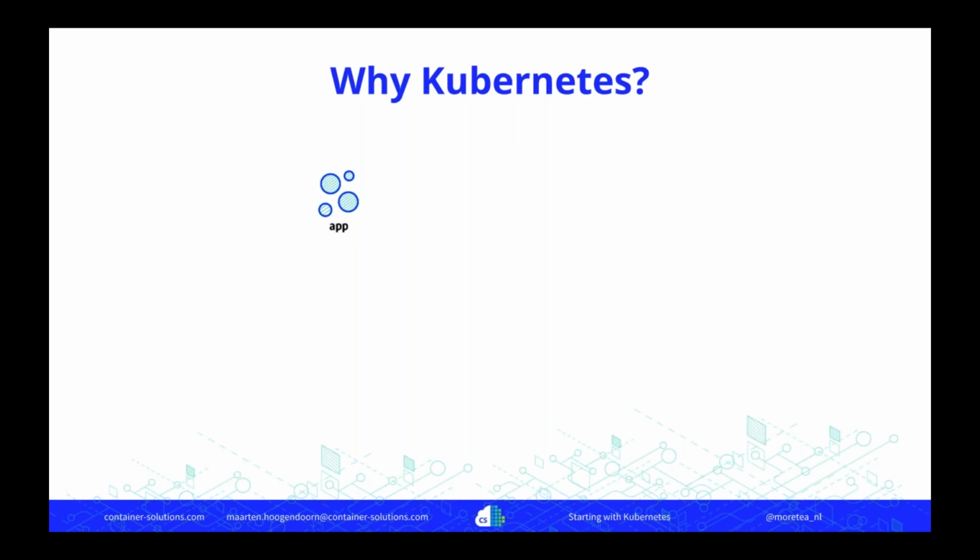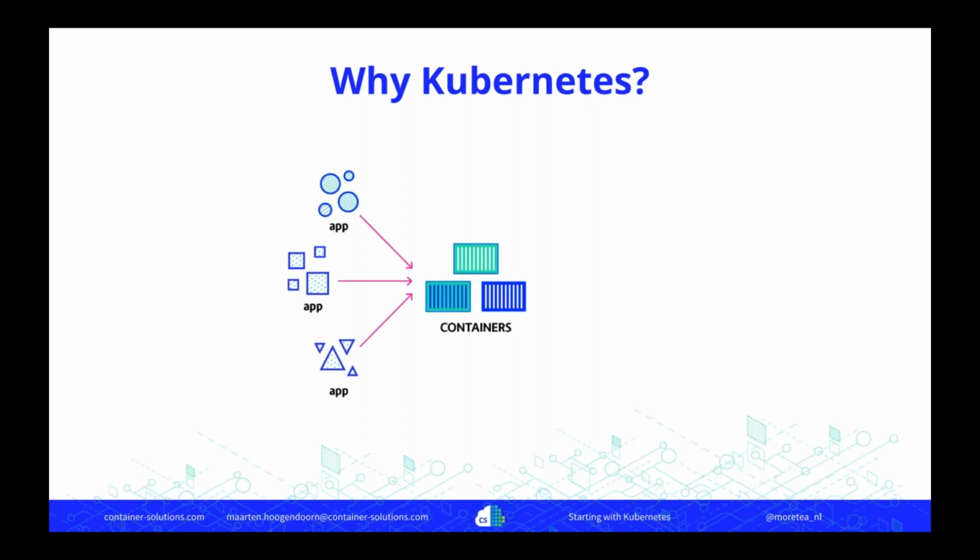So, Kubernetes. Why would you want to bother with Kubernetes in the first place? Many companies start out with just one application, and then they grow another application that's slightly different, and a third one, etc. All of these applications have slightly different needs on how they need to be packaged, how they need to be deployed, etc. One solution to have a uniform way of deploying them is to put them into containers.